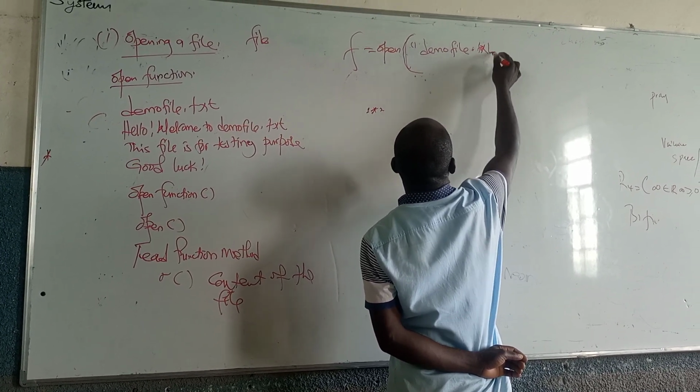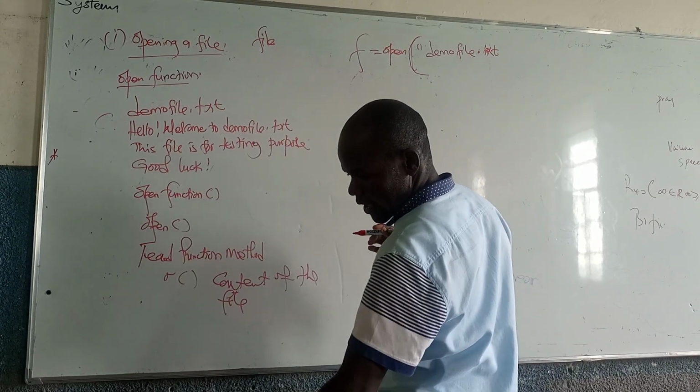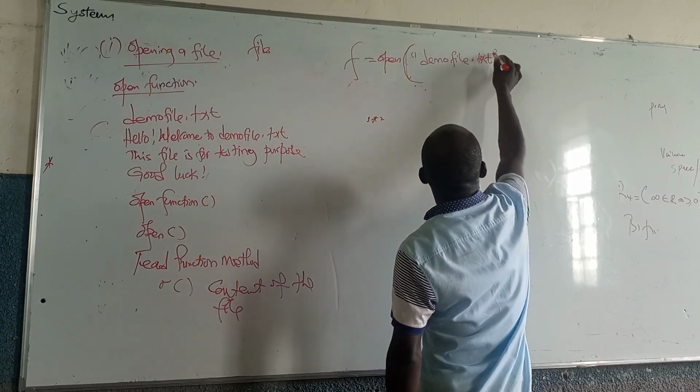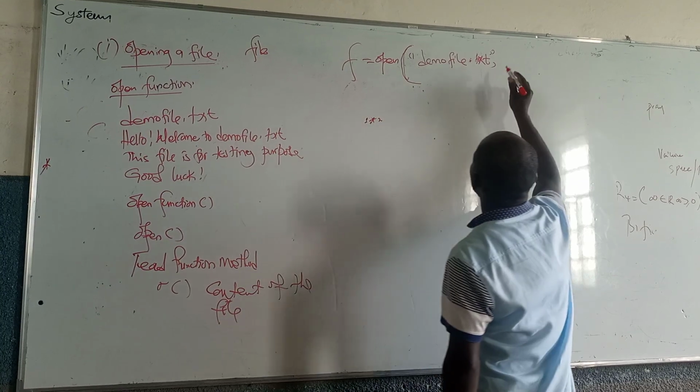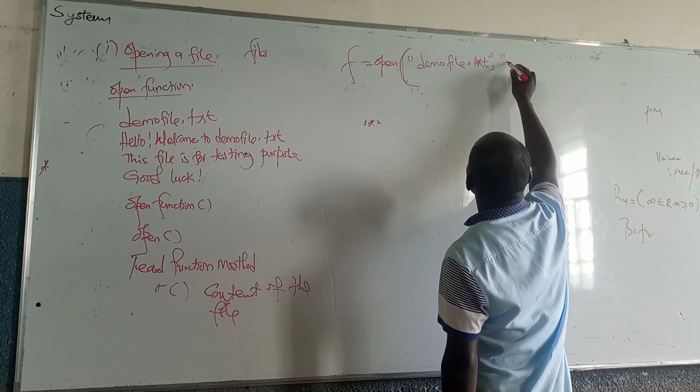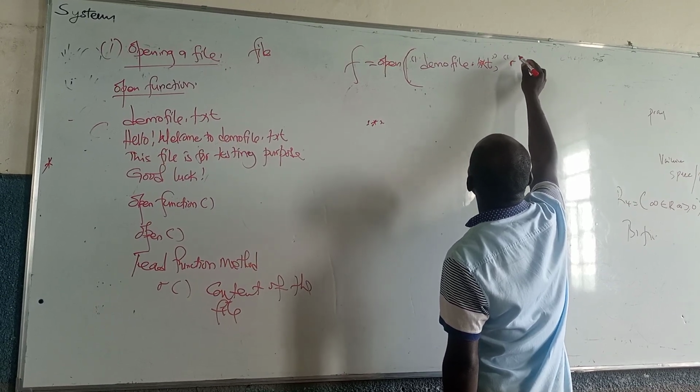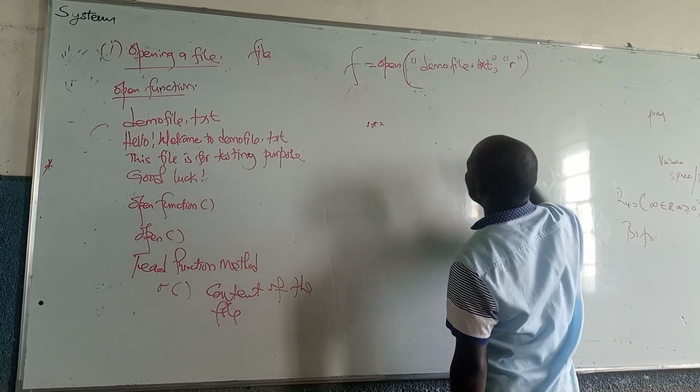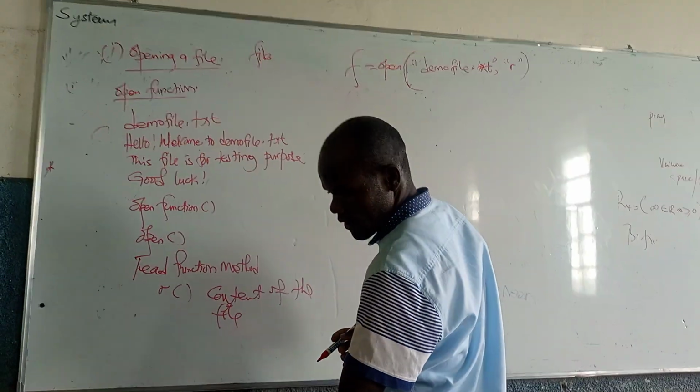Then you close the quotes, press comma, open another quotes, then type r in small letters, then you close.